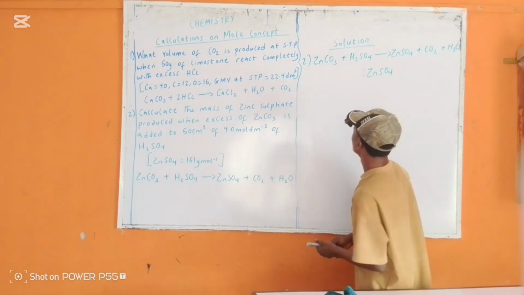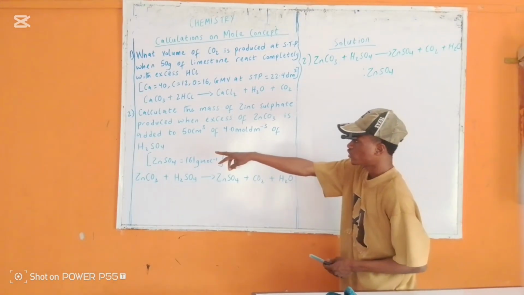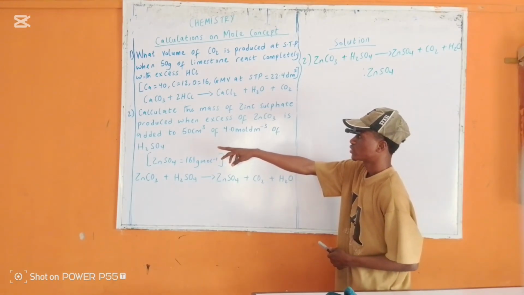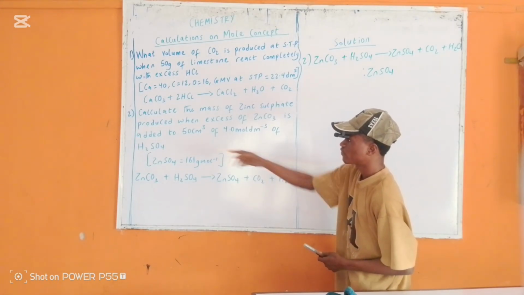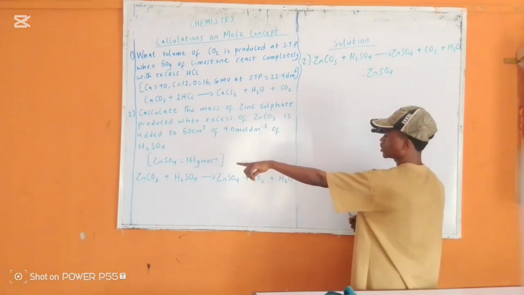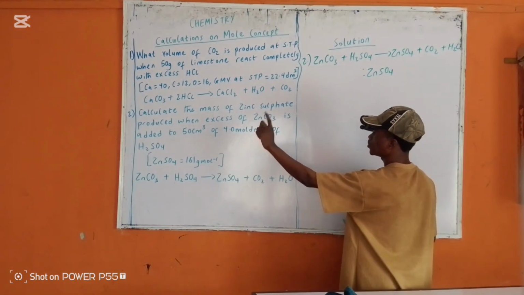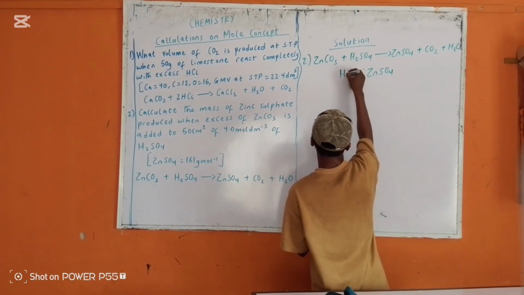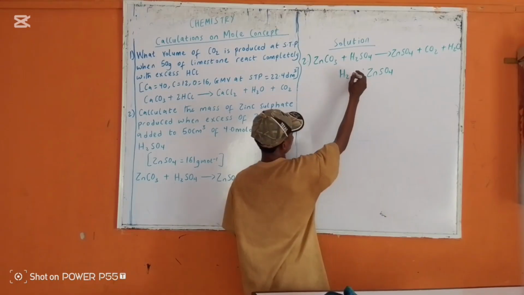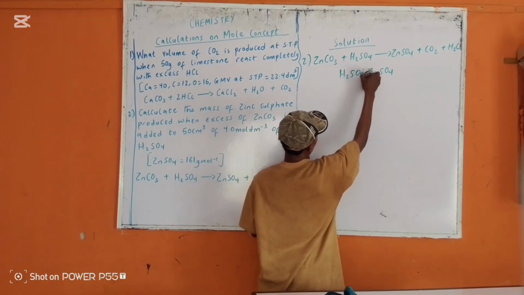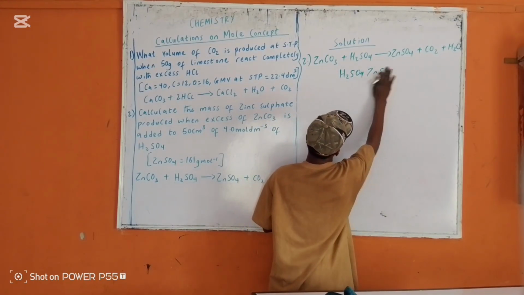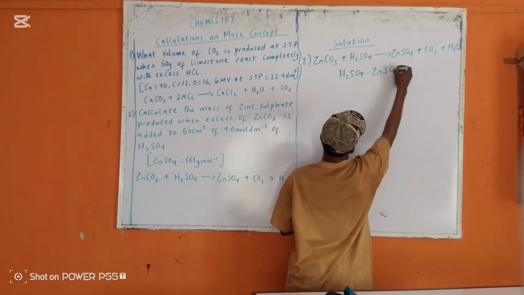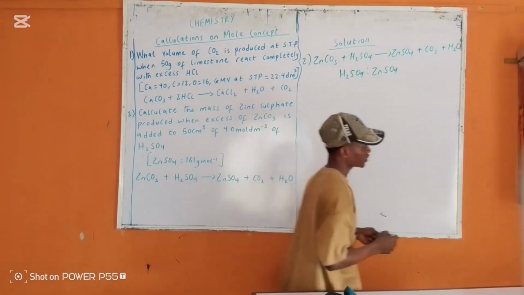So now, H2SO4 is the second substance that has a value. The first one is the unknown. The second one is the one having value, which is H2SO4 in this case. So we have H2SO4 and zinc sulfate.